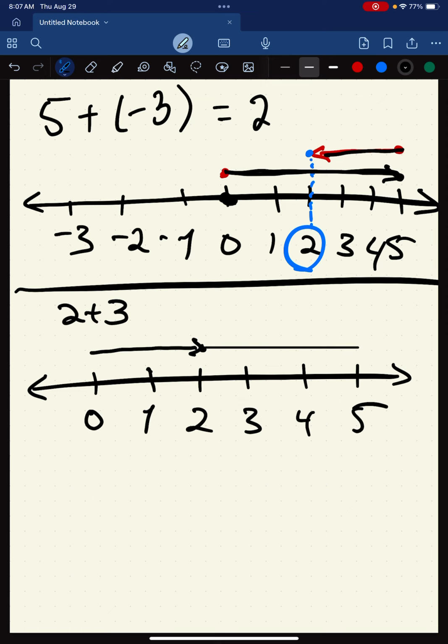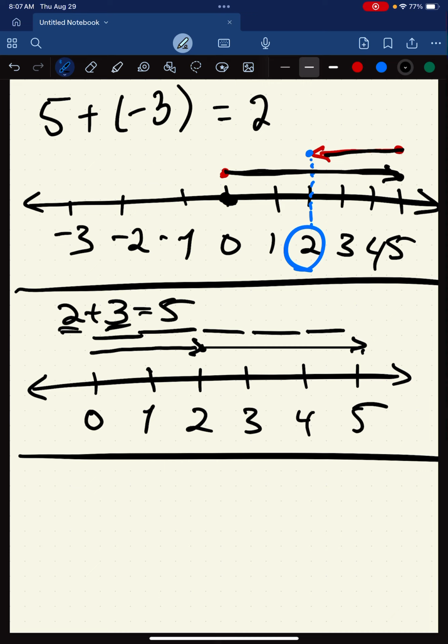So 1, 2, 3. We went 1, 2, which is what this 2 represents, and then we went 1, 2, 3, which is what this 3 represents. And we ended up with 5. So this is what we mean whenever we say 2 plus 3 is 5. It means go to the right 2, go to the right 3, you end up with 5.